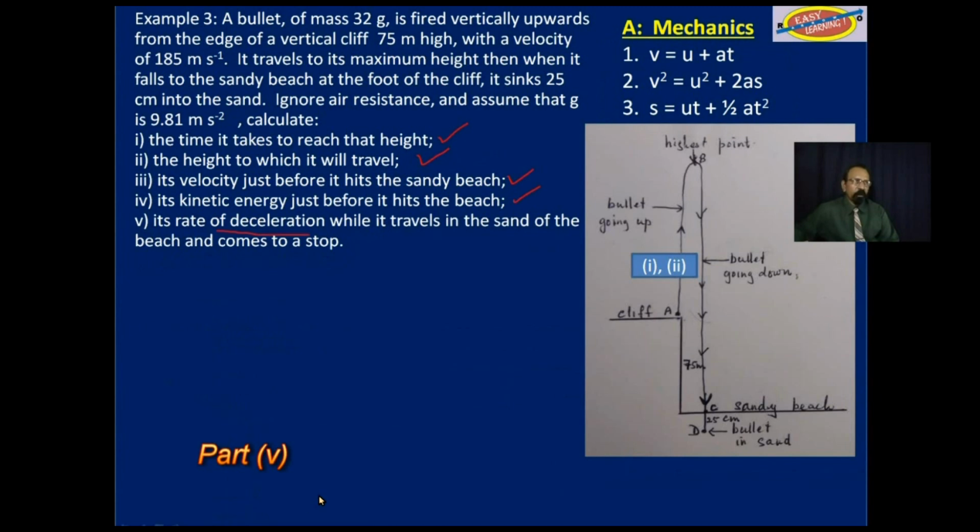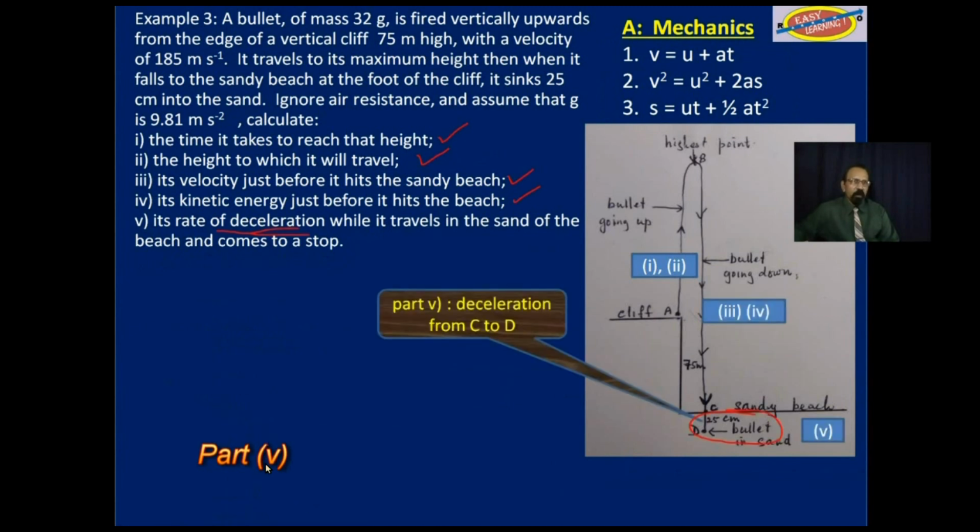Now we have to do part 5. In this case, for this part of the journey, the initial velocity is now 189 meters per second. For the part of the journey from B to down here, that was the final velocity. But that's from B to C. Now, from C to D, the initial velocity is now 189 meters per second.